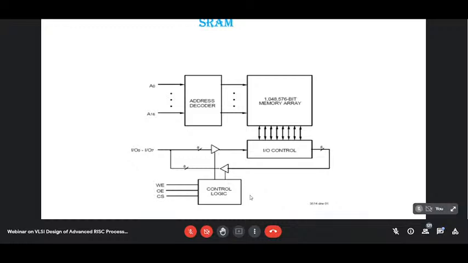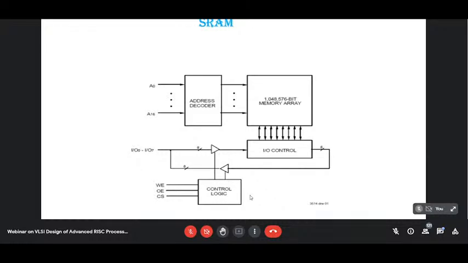So IO0 to IO7, these are input-output lines. Through the same lines, you can either write the data or read the data by controlling these signals. OE, write bar, CS. CS is the chip select. For any operation, whether read or write, to be performed, the chip select line needs to be high. Okay, so that is the basic memory design. The memory consists of what?